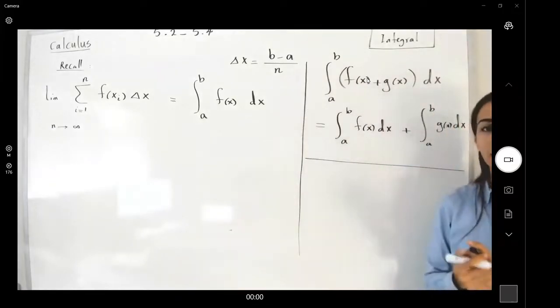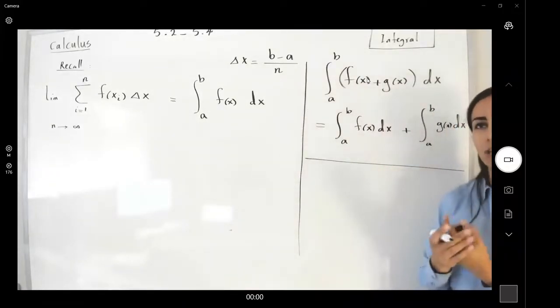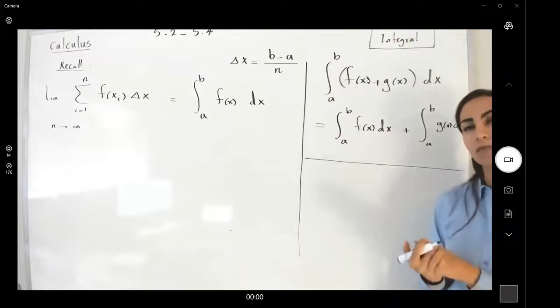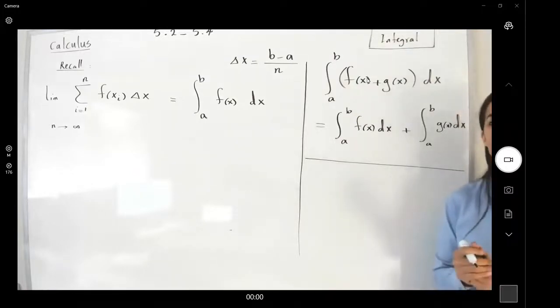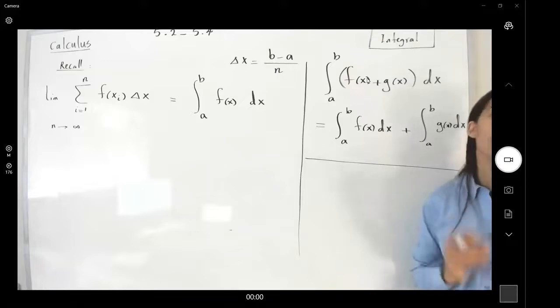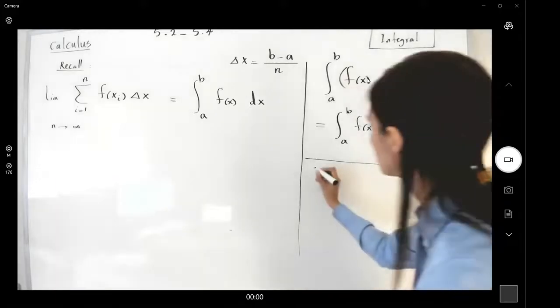We also learned that if f is a symmetric function, we're talking about these nice functions. We don't keep saying that, hey, f is a nice function. What do I mean by nice function? It means that it doesn't have that many discontinuities. So imagine you have a nice function.